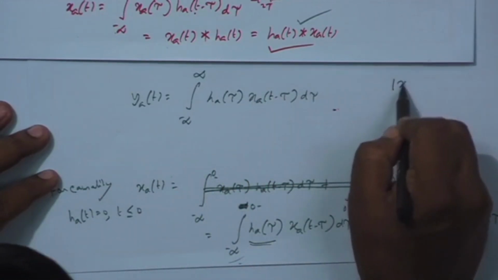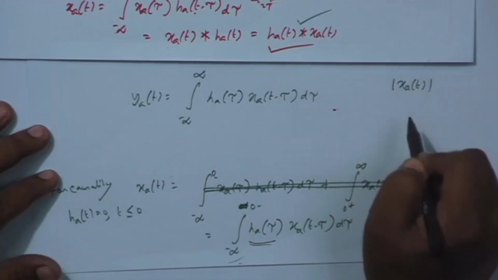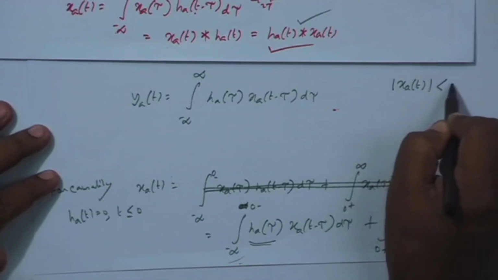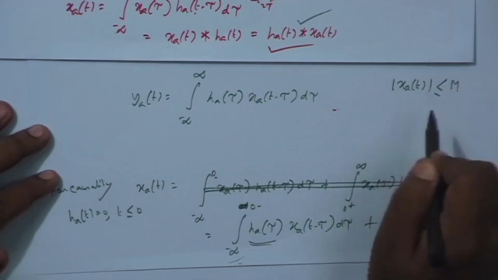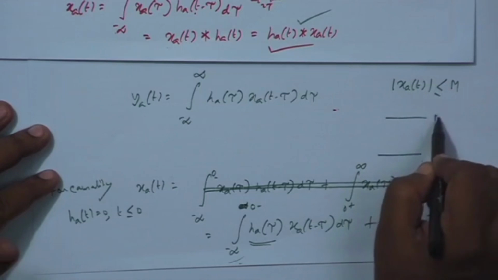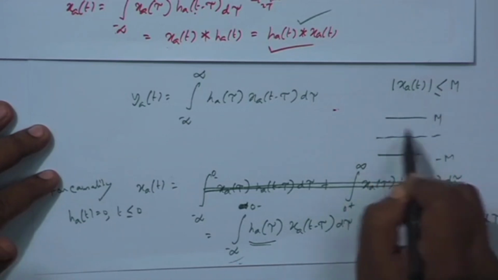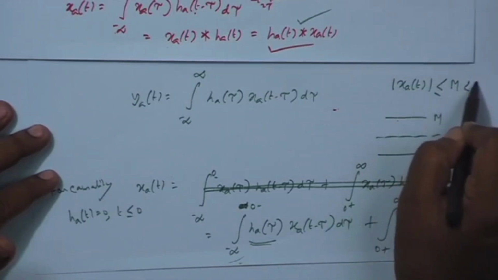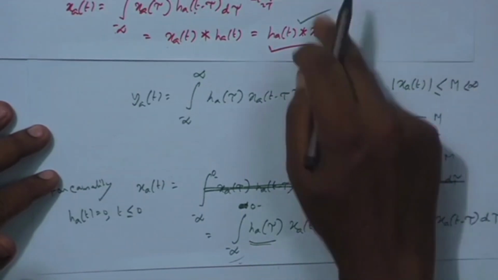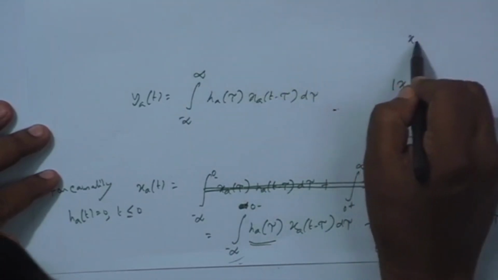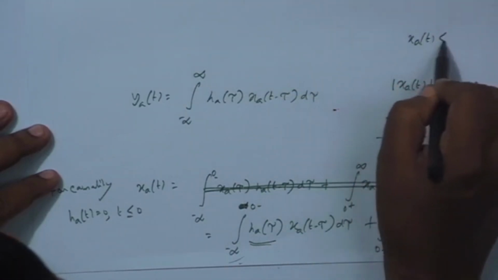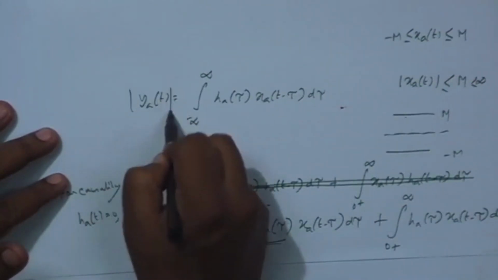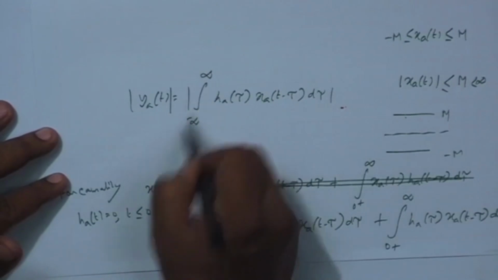Suppose the input x_a(t), for any t, has magnitude less than or equal to some M, that is, there are two levels M and minus M, with 0 in between. The input is always limited within this range, however large M is, and M is finite. That is, x_a(t) for any t is less than or equal to M and greater than or equal to minus M. It is given. Now, the mod of this is the mod of this, the mod of a summation, where the summation is an integral.